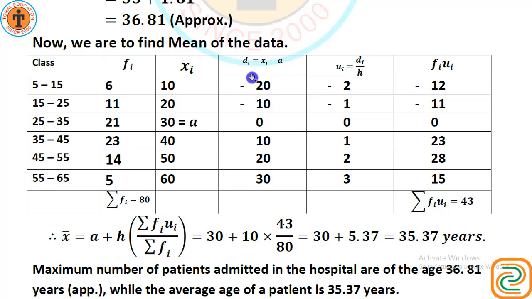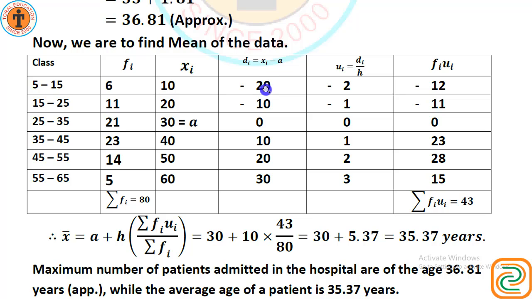So here di means xi minus a, that is 10 minus 30, minus 20, 20 minus 30 is minus 10, 30 minus 30 is 0, 40 minus 30 is 10, 50 minus 30 is 20, and 60 minus 30, that is 30. So we have di. Similarly ui, di upon h.